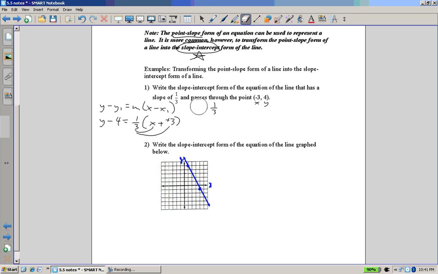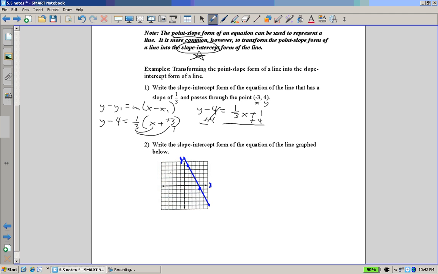So I'm going to continue on this next line. y minus 4 equals 1/3 x plus, I can put the 3 in rational form, 3 divided by 1. 1/3 times 3 gives me 3 divided by 3, or just 1. First distribute, then add the opposite of your constant to both sides.